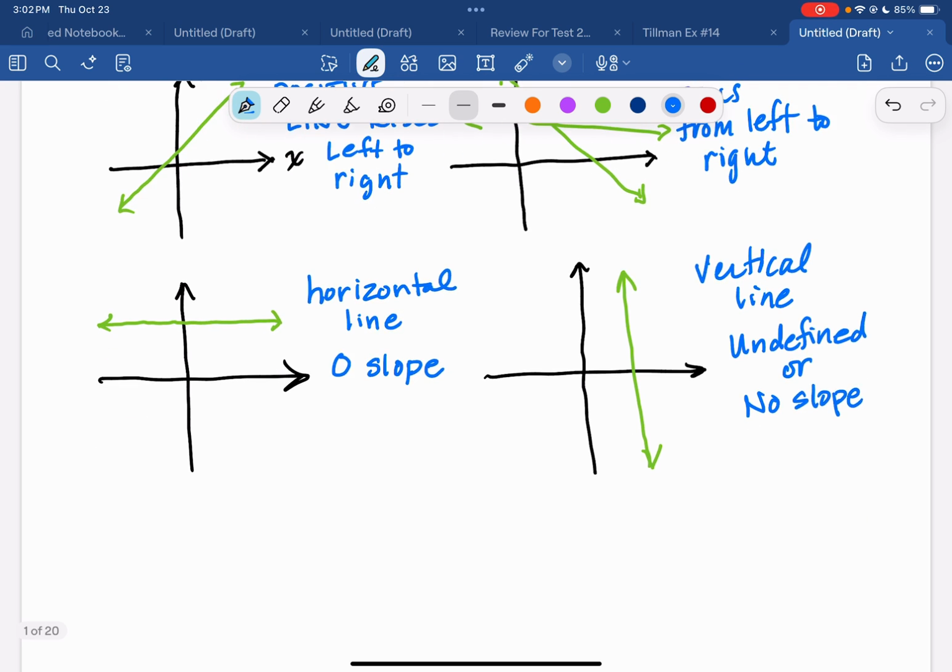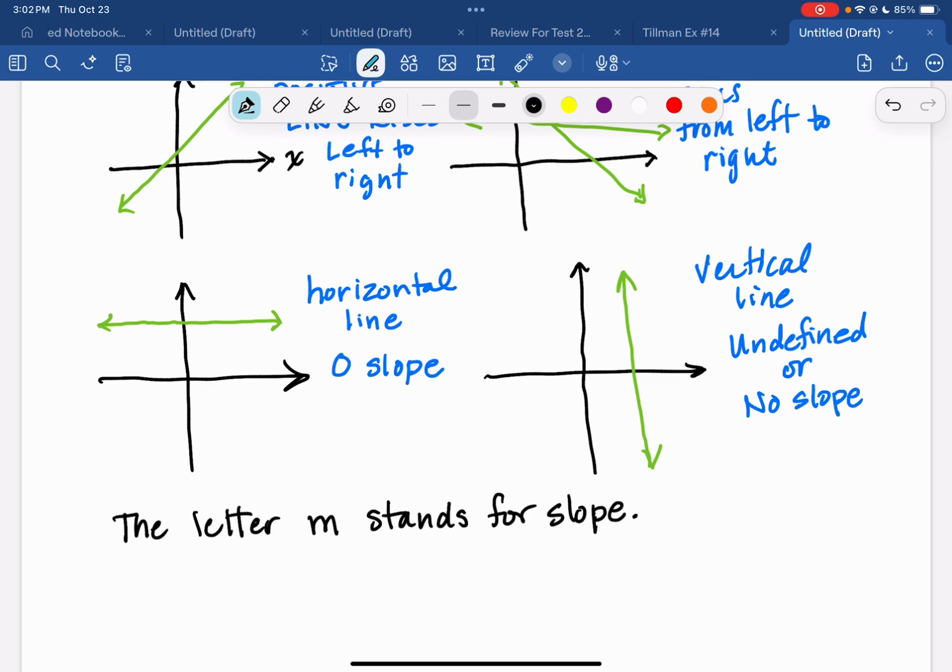Now, in words, what we say is that slope is the ratio. Oh, and I guess I should tell you, we use the letter m to stand for slope. It's a lowercase m. Sometimes you might see an m in an equation, but when you see it in this context, you'll know that m is for slope.